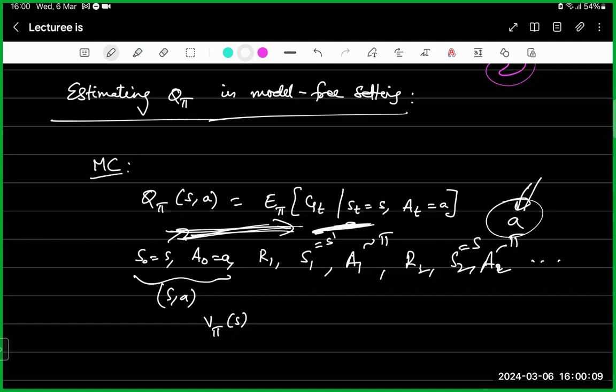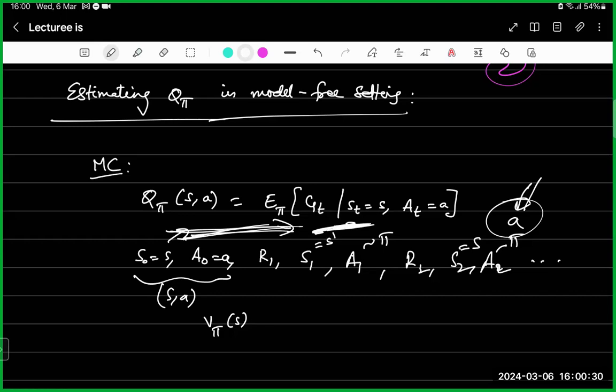So this plain version of the Monte Carlo method, where you start from s comma a multiple times, is called the exploratory start Monte Carlo method, because you are exploring all s comma a's in the beginning. You want samples for every s comma a, right?